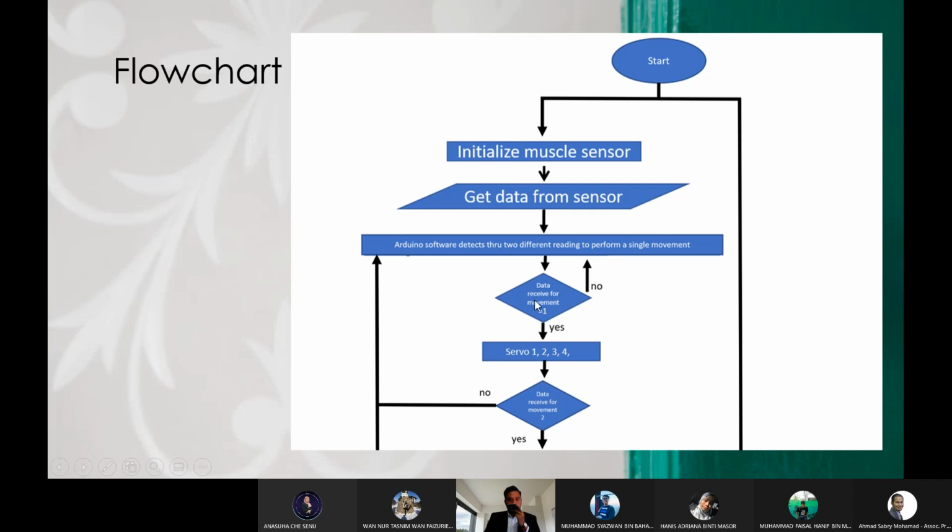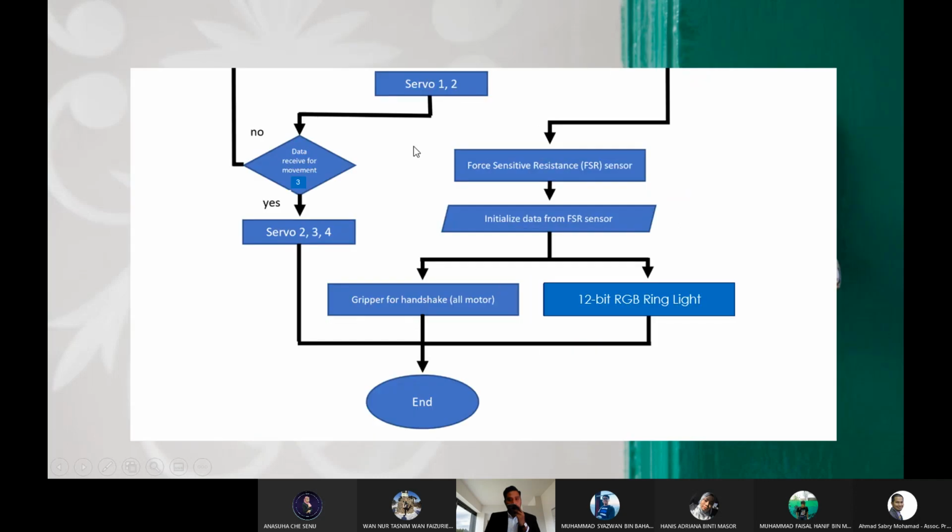First is for all motors, which is 1, 2, 3, and 4. The second is for motors 1 and 2, and the third is for 2, 3, and 4. For the FSR sensor, it will initialize data from the FSR sensor, and the output will be the gripper for handshake, which is all motors, and also the ring light.